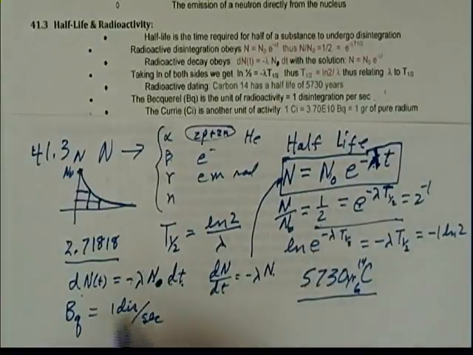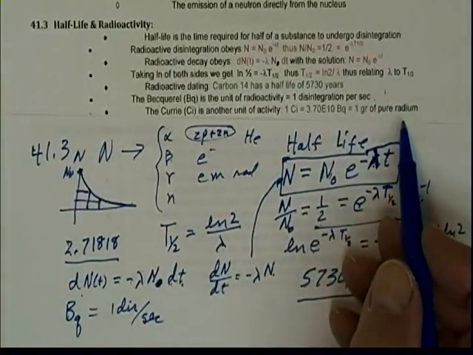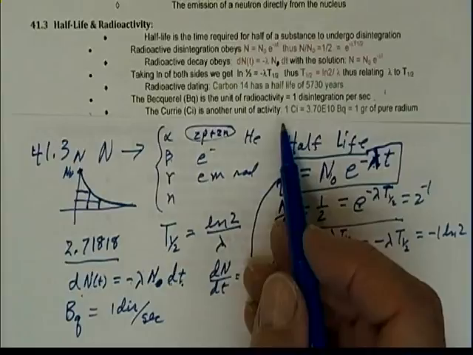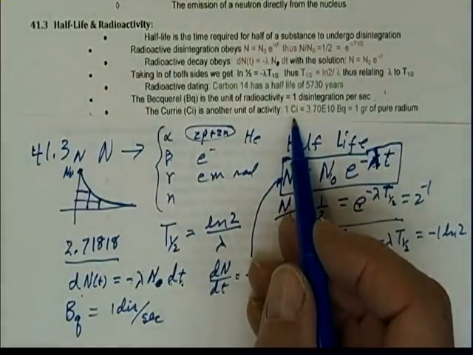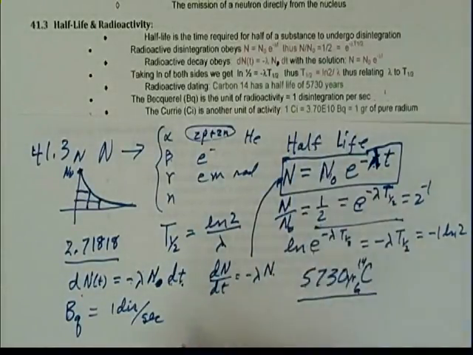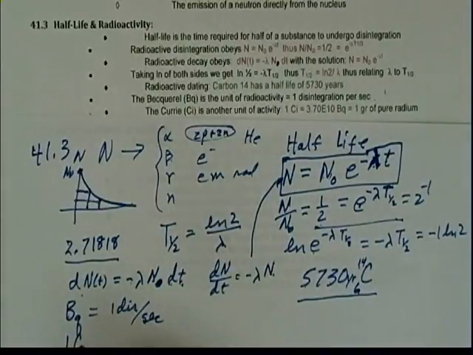If you have 1 gram of pure radium, then it has 1 Curie of radioactivity. It turns out that 1 Curie, Ci, is equal to about 3.70 times 10 to the 10th becquerels.